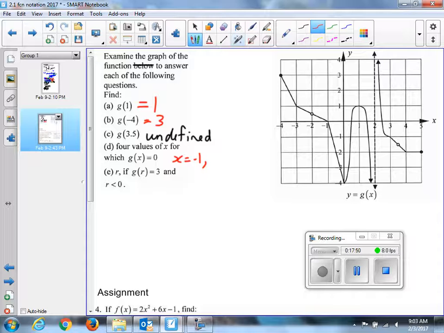Then my next one is half. So if you want to use decimal 0.5, I'm fine with that. x equals 1.5 or 3 halves, same number. Lastly, 2.5, which I identified before, or 5 halves, or 2.5.